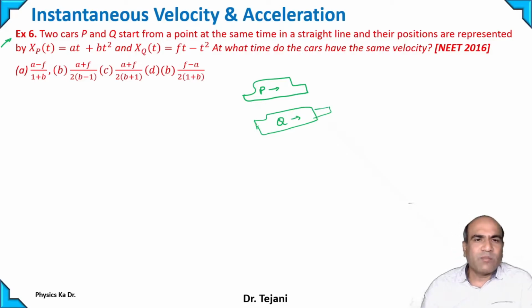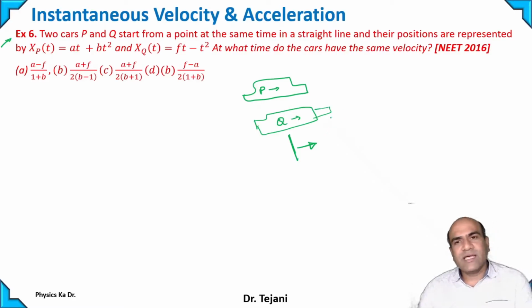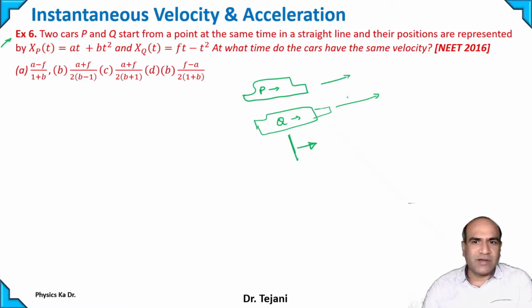P and Q start motion from the same point at the same time, in a straight line. They are both moving in a straight line and their positions are represented by, the important part, xp is given.